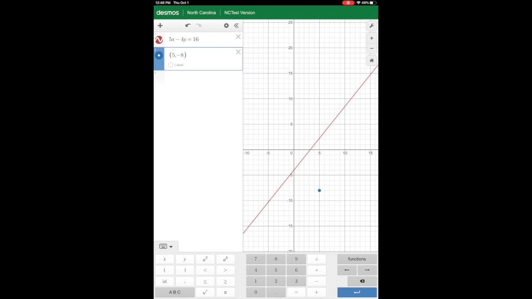So I'm going to just put that point in. But it needs to be perpendicular and needs to go through that point. And we found y equals negative 4 over 5x. So we see it's perpendicular already, but did it go through that point? The only way that it's going to go through that point is if I have the correct y-intercept, which is what we found. So I have negative 4 over 5x minus 4.